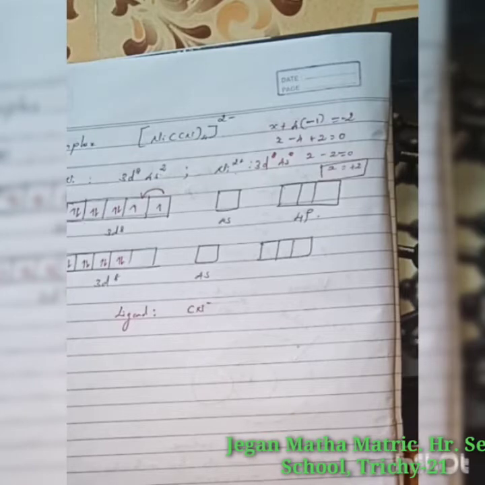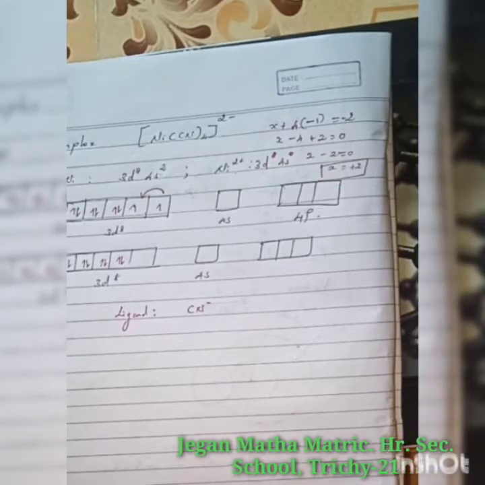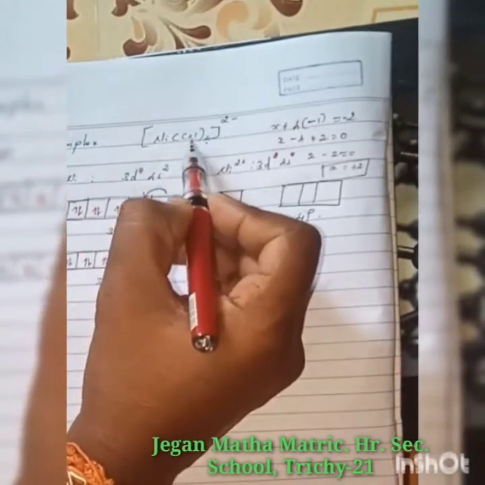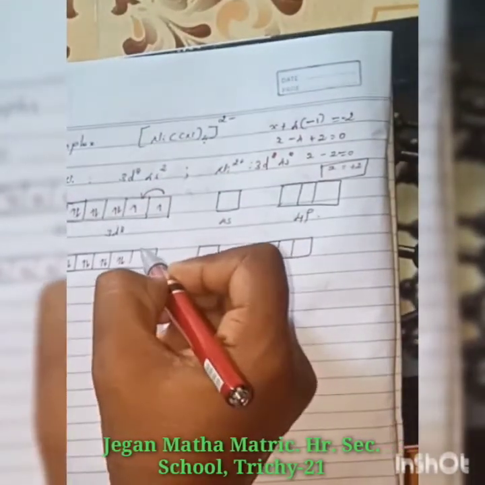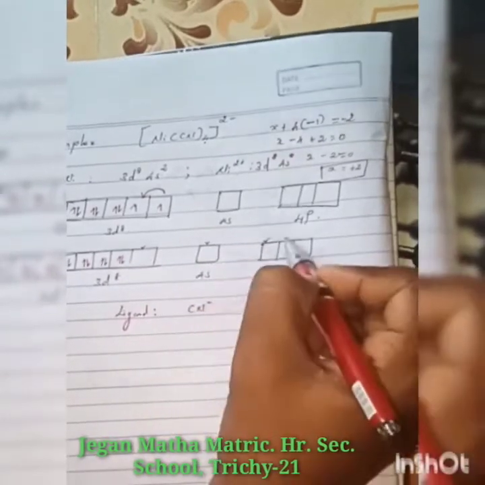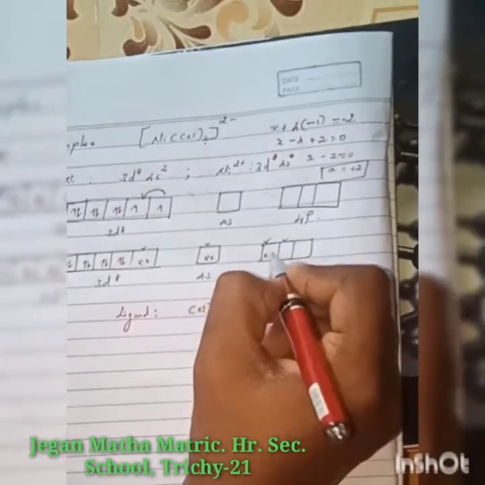Next, the outer orbitals of the metal ion in the presence of ligands. Here cyano is present 4 times, so we want 4 vacant orbitals: 1, 2, 3, 4. This one represents a vacant orbital.